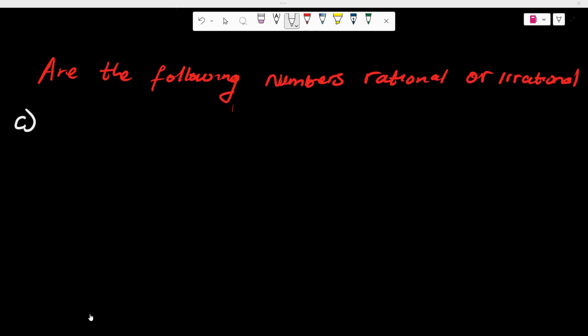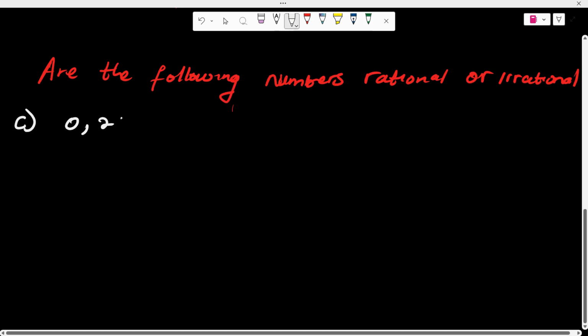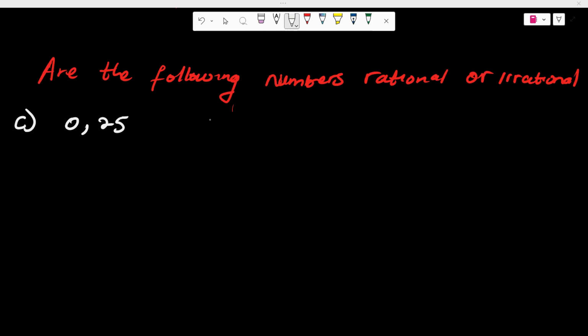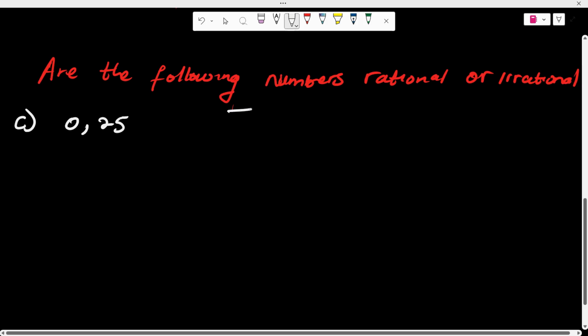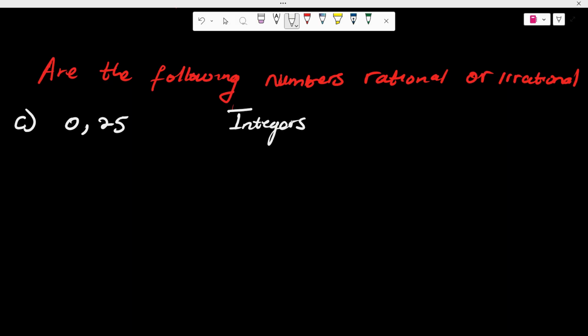Let's take another one. How about decimals now? 0.25. Is it a rational number or an irrational number? Meaning, can it be expressed as a fraction? Yes, meaning we'll have to find integers that, when we divide them together, will give us 0.25.